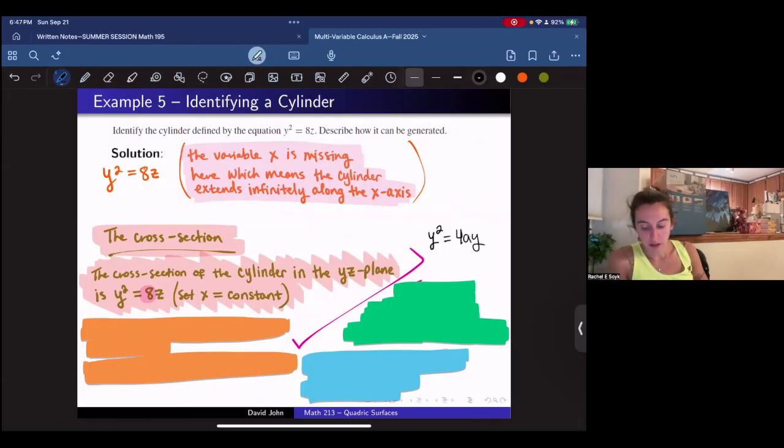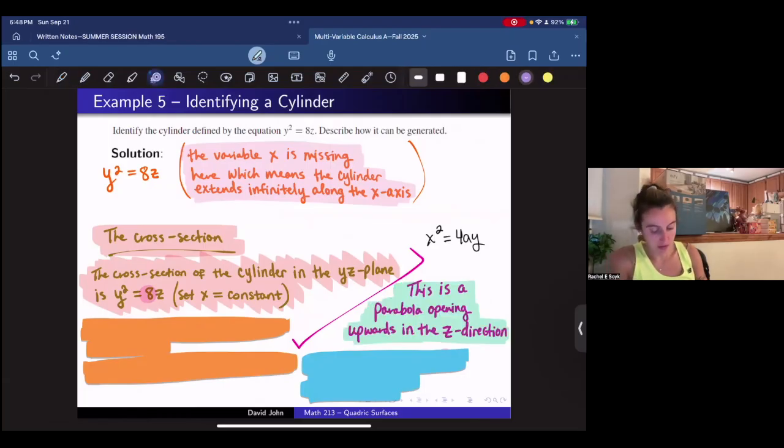So we have this parabola opening upwards in the z direction.